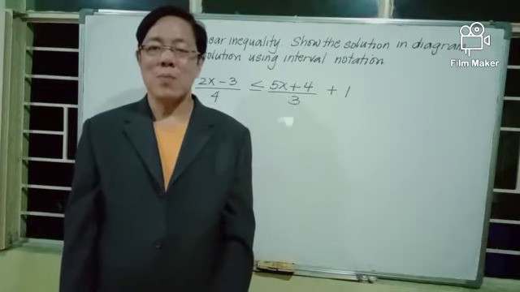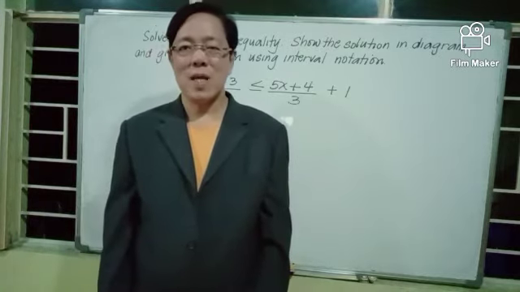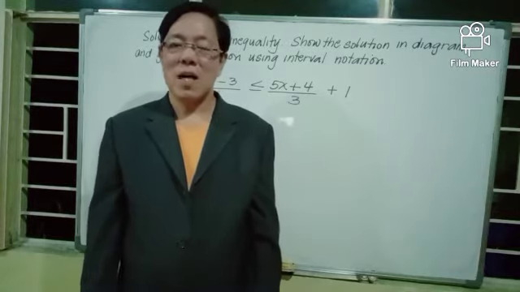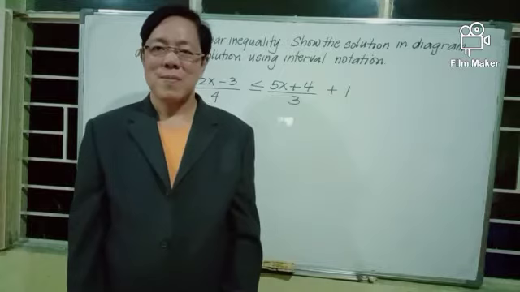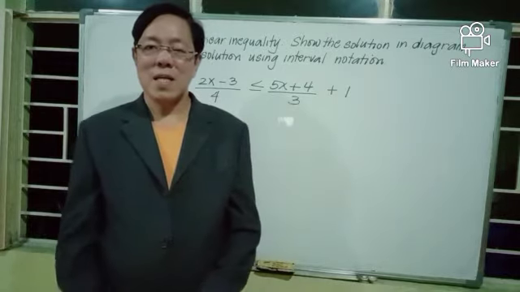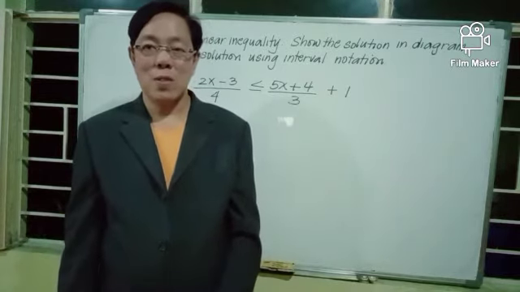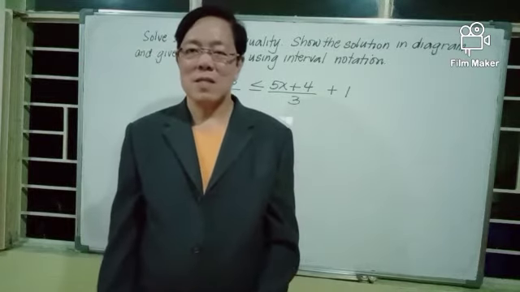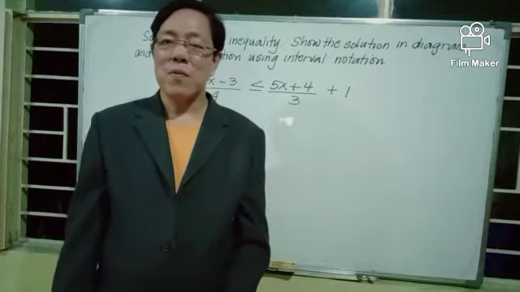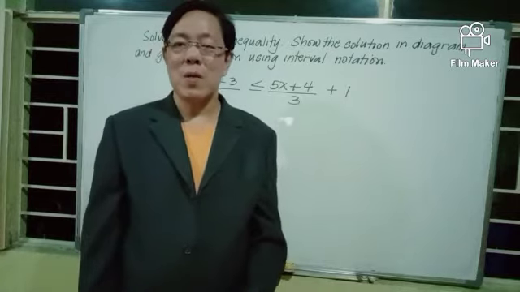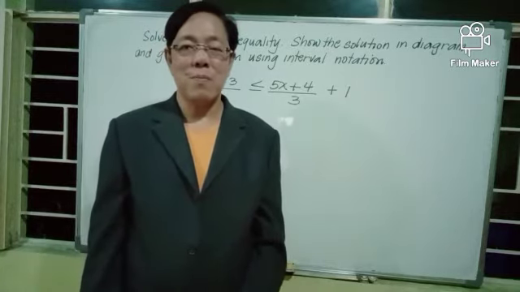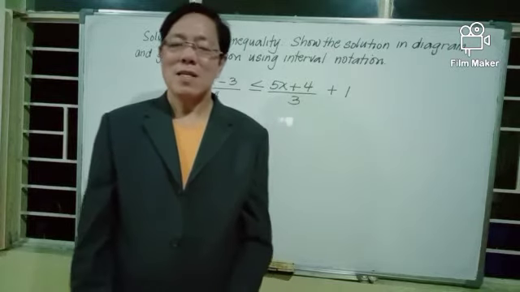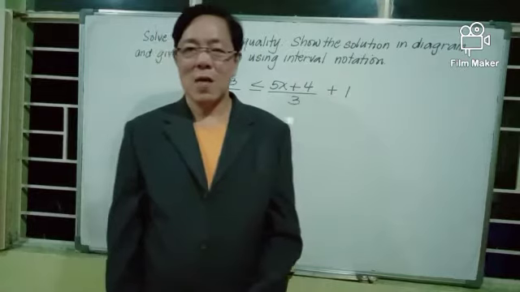The second rule, if you multiply both sides of an inequality by negative real number, the inequality sign is reversed. Number 3, if you add the same constant to both sides of inequality, the inequality sign remains the same. Number 4, if you subtract the same constant from both sides of inequality, the inequality sign remains the same.